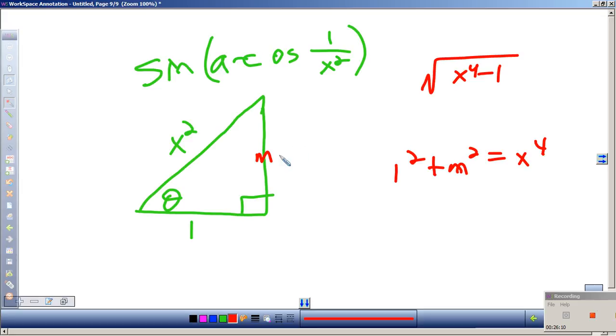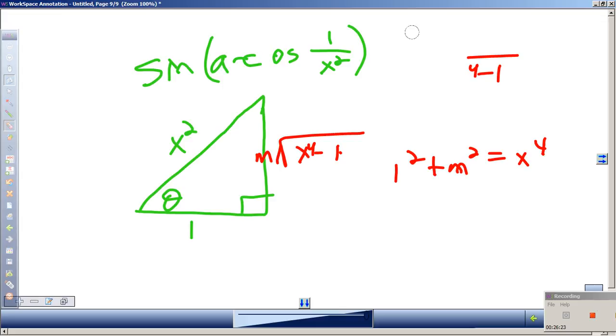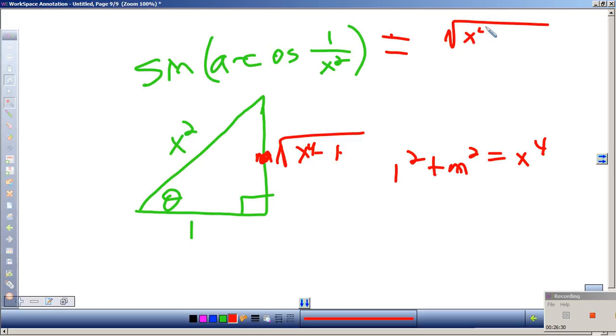Subtract it. So, the square root of x to the 4th minus 1. Now, how do I get the sine of the angle then? Opposite over hypotenuse, so I have the square root of x to the 4th minus 1 over the hypotenuse, x squared.